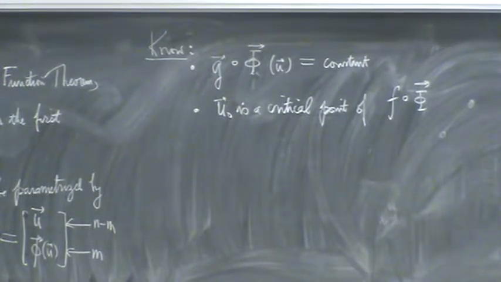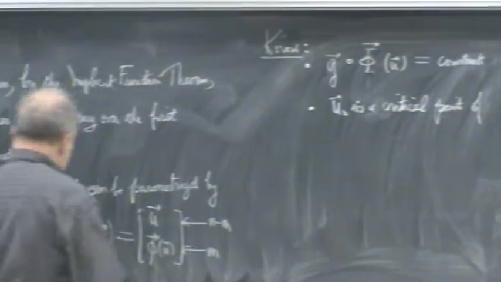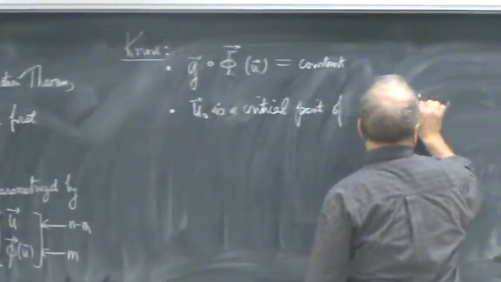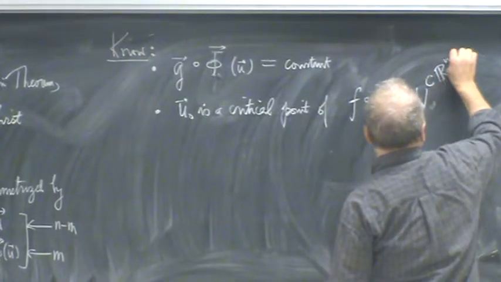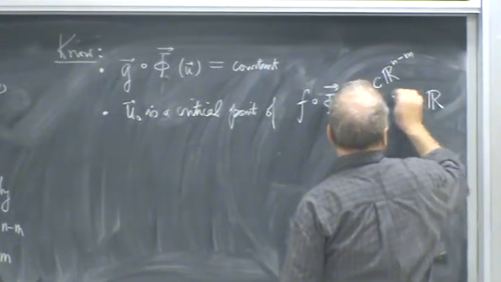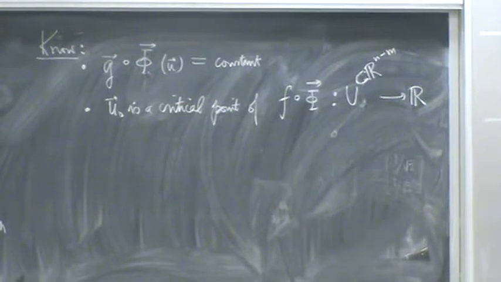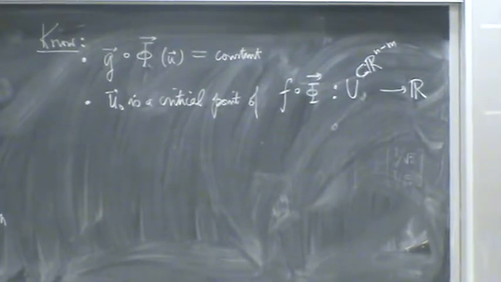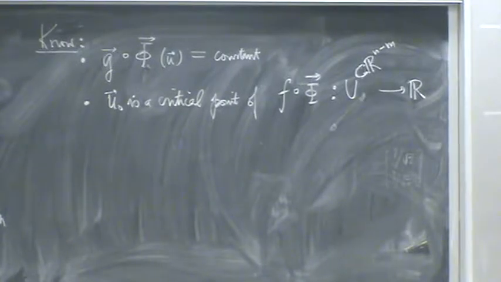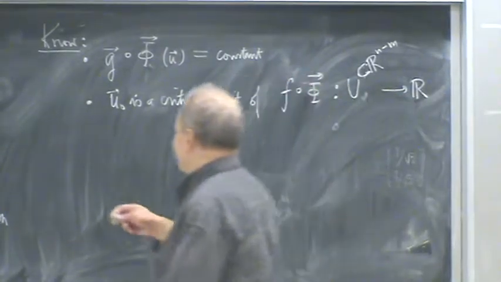What does a critical point mean? Local max? Well, not necessarily. Critical point: derivative equals 0.